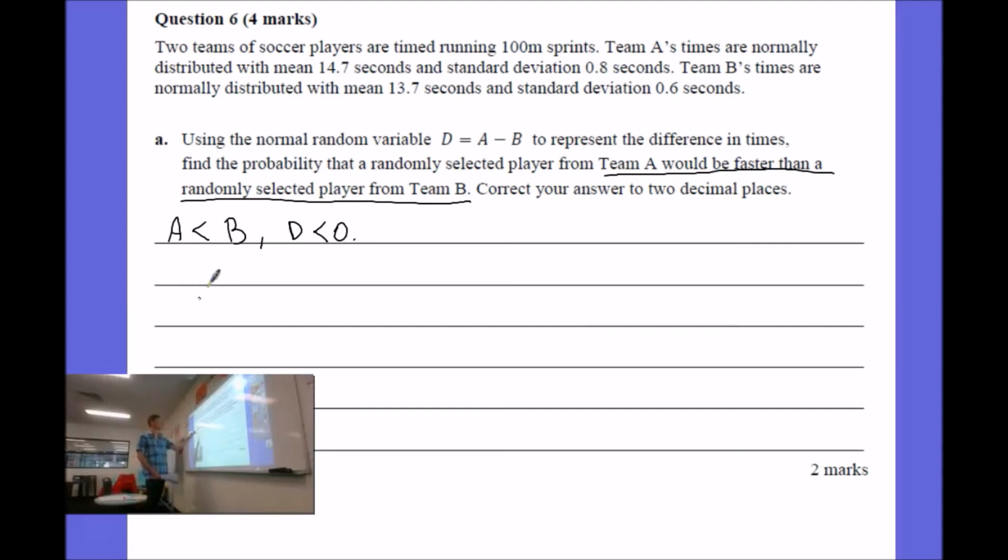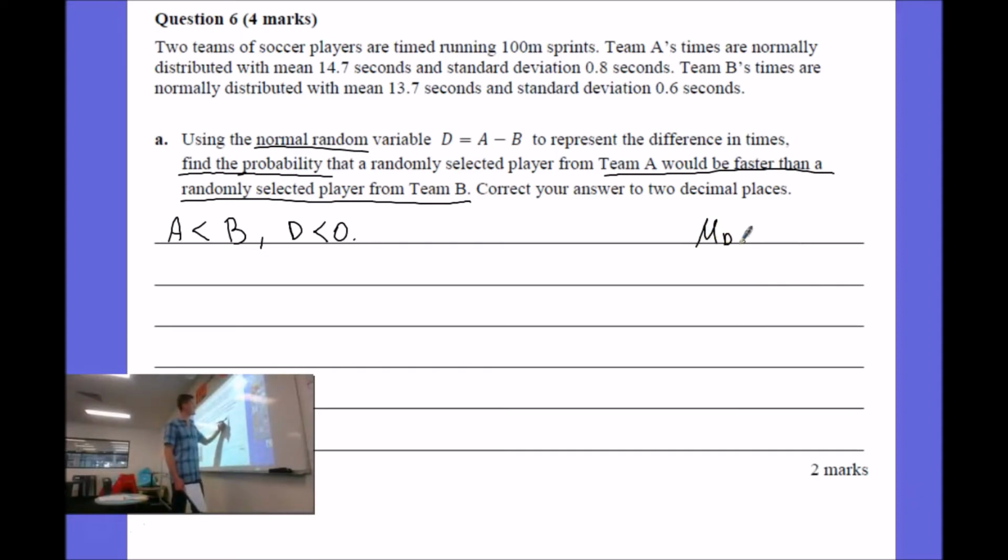So we want to find the probability of this happening. What do we know about D? Well, first off, let's think about how D is constructed. It's from A and B, so it's going to be normal. Now we've got to work out what its mean and standard deviation are.